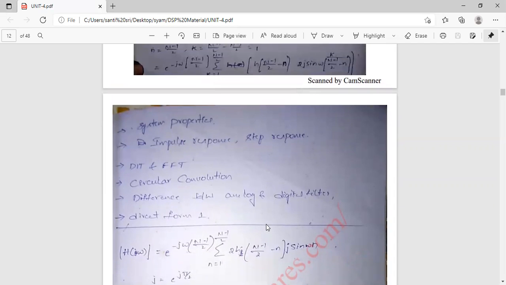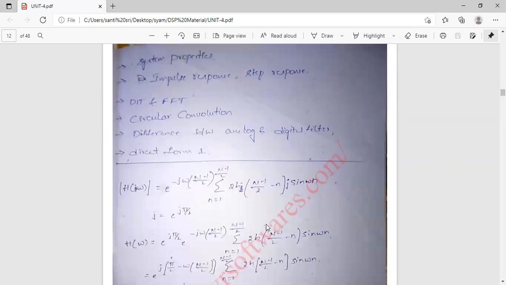So then the continuation of the above problem is e power minus j omega into (N-1)/2 into sigma n equal to 1 to (N-1)/2 into 2 into h of (N-1)/2 minus n into j sin omega n. Let j equal to e power j pi by 2.